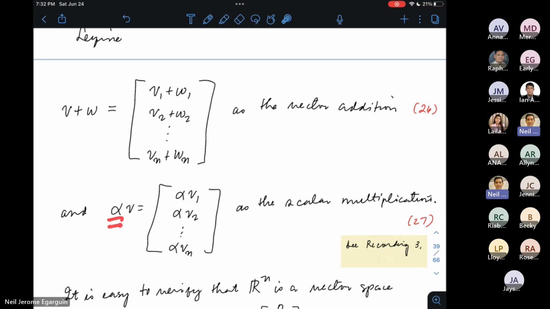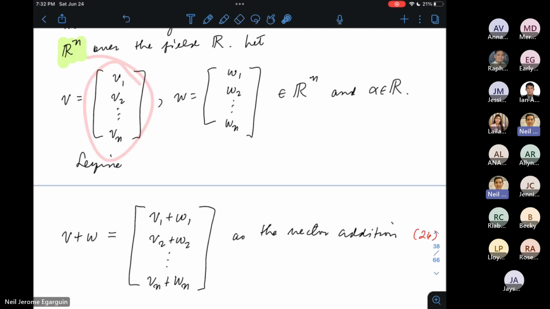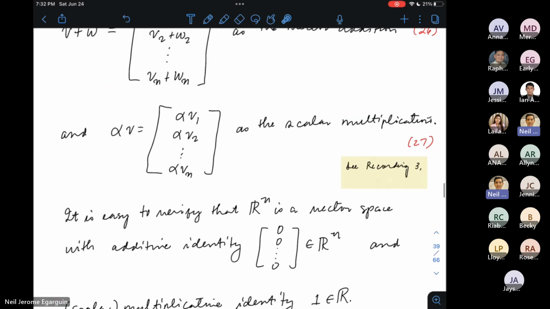So pag meron kang scalar alpha, which is coming from the set of real numbers, times the vector v, ang scalar multiplication ay ganito lang. I-times ko lang lahat ng components ni v by alpha. So alpha v1, alpha v2 until alpha vn.